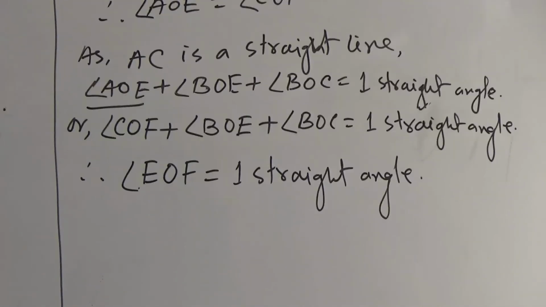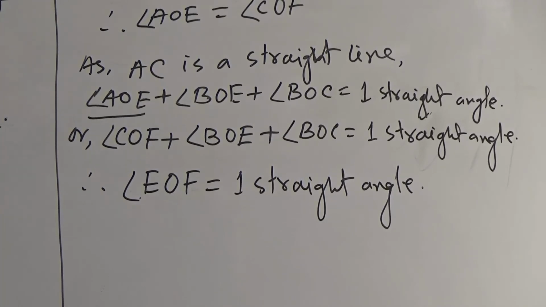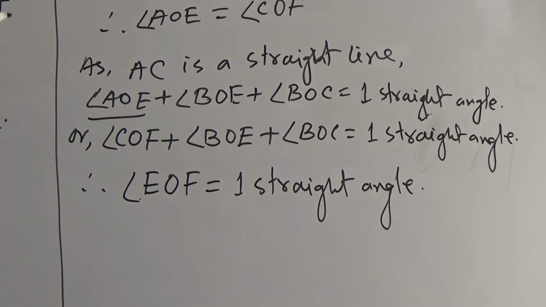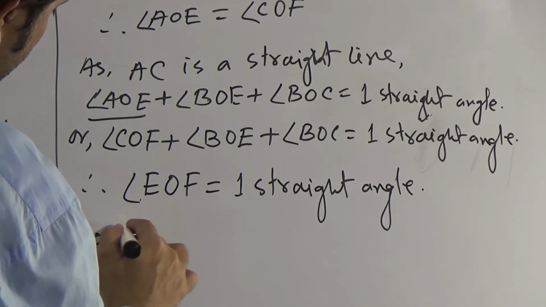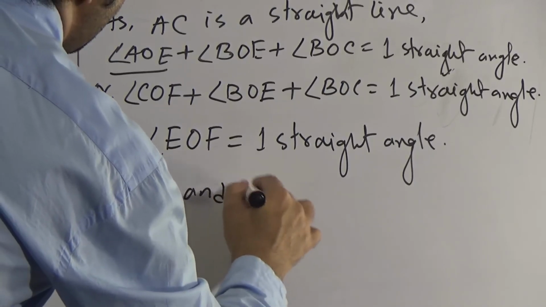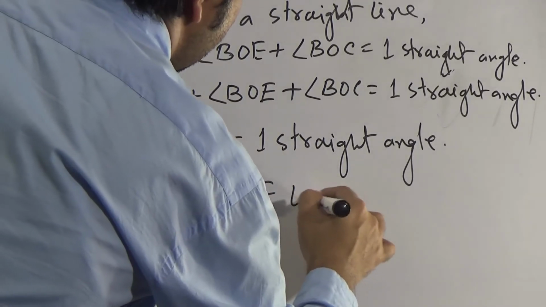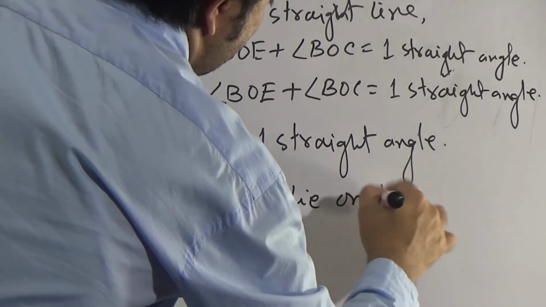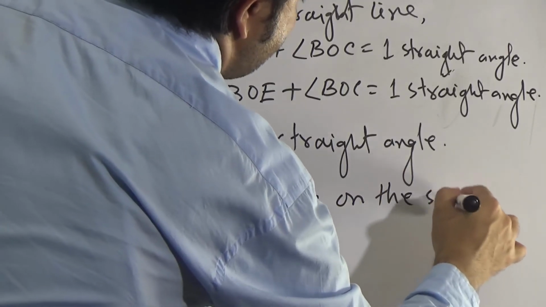This means that EF is a straight line. So we can say OE and OF lie on the same straight line.